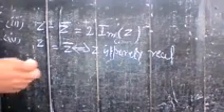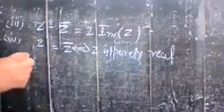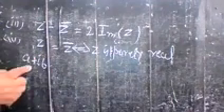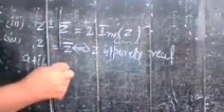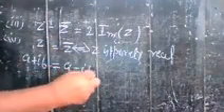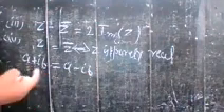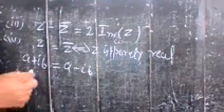So just check it. Suppose you take any complex number as a plus ib, and it is equal to its conjugate, so you write a minus ib. So a can be cancelled out from both sides.